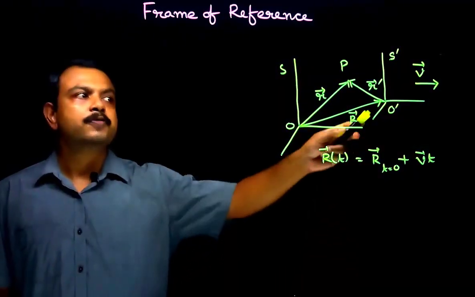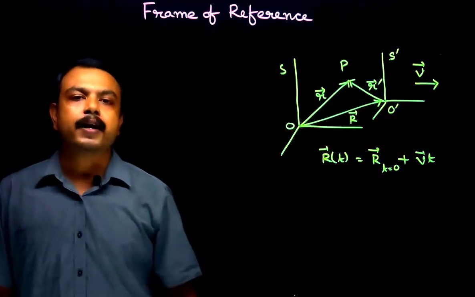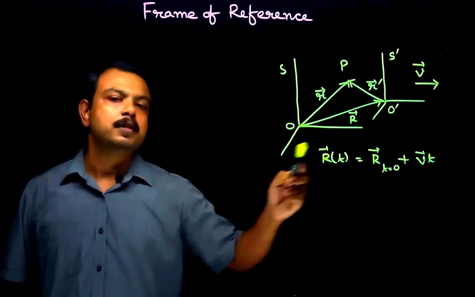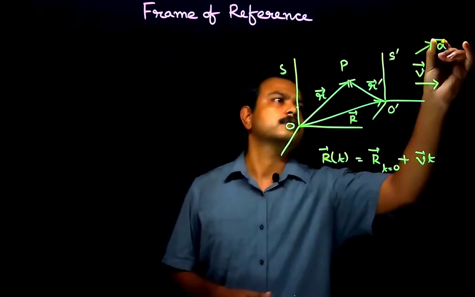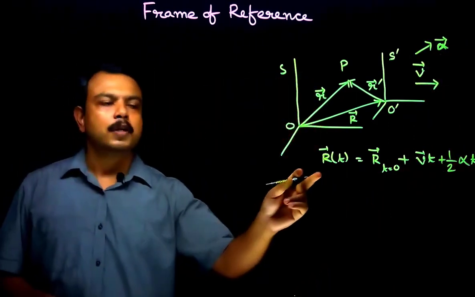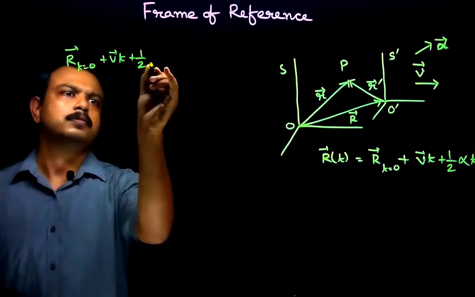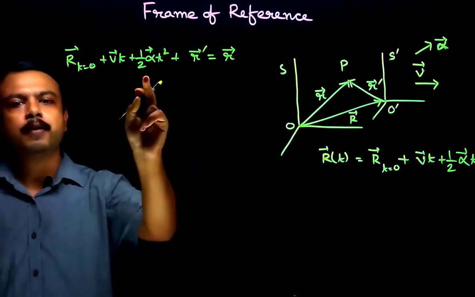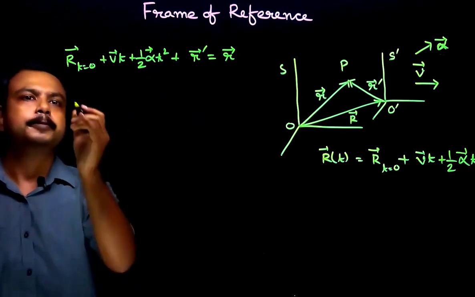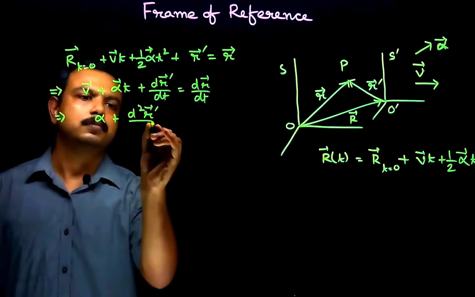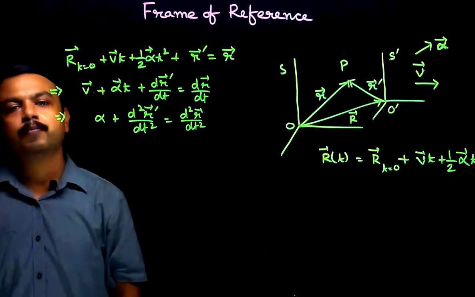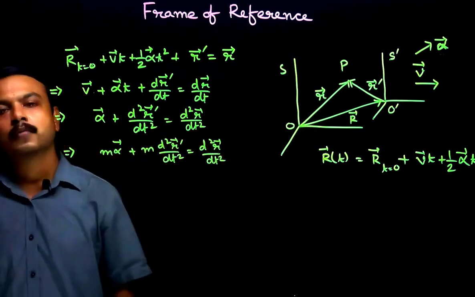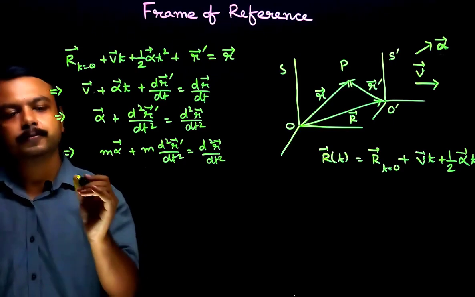Now what if this frame of reference is also accelerating? In that case, another term will be added to this equation. Now we can write down, if we differentiate this equation with respect to time successively, we will get. Now if we multiply mass in this equation, so we can finally obtain.